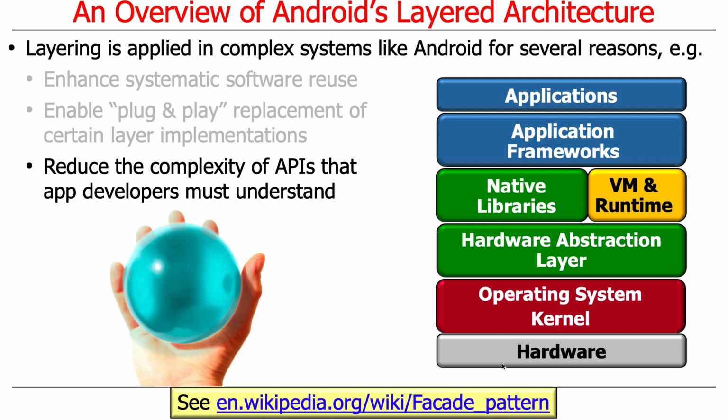Another goal is to reduce the complexity of the APIs that the application developers have to understand. Application developers have enough on their plate trying to come up with clever, cool new features that delight users, and they don't necessarily want to care about all the low-level gobbledygook that goes on to access these sensors and transceivers and storage mechanisms and processing units and networking interfaces that the hardware manufacturers and device driver programmers need to worry about.